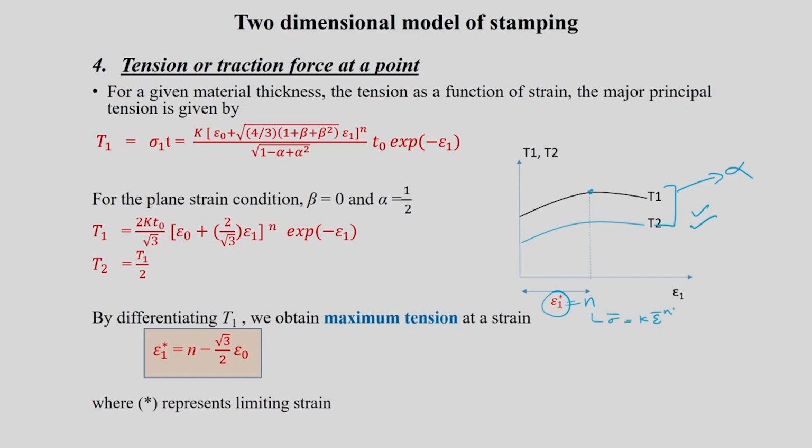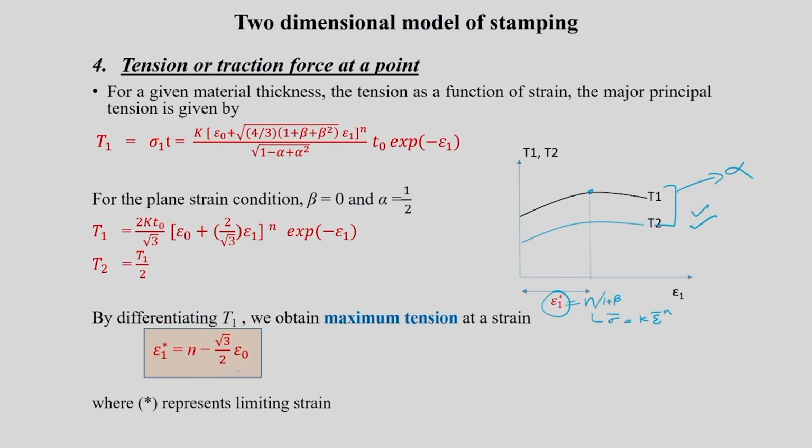Or maybe we discussed n by 1 plus beta, so we will check it so that you can refresh it. So epsilon 1 star will be one particular value at which maximum tension will happen.